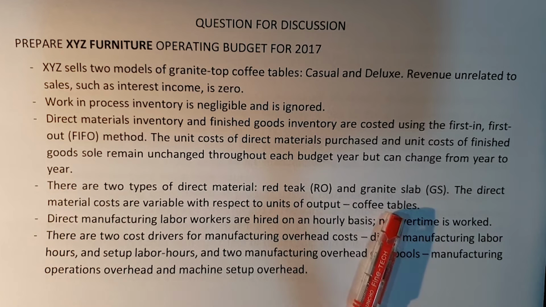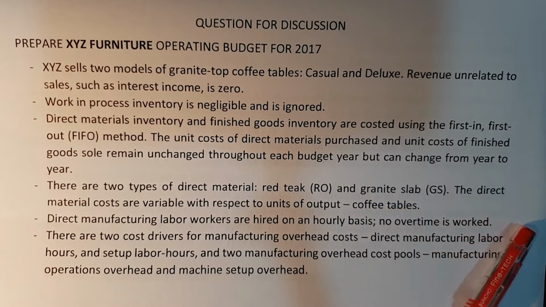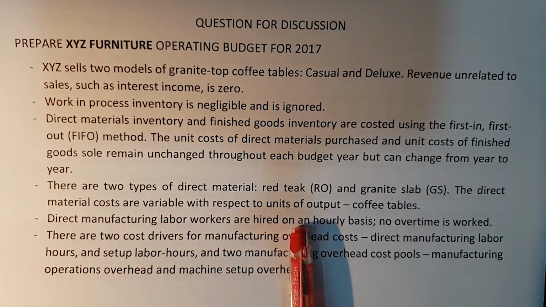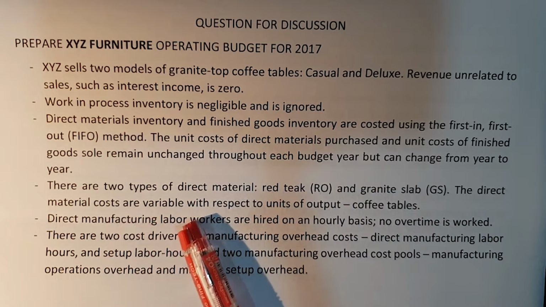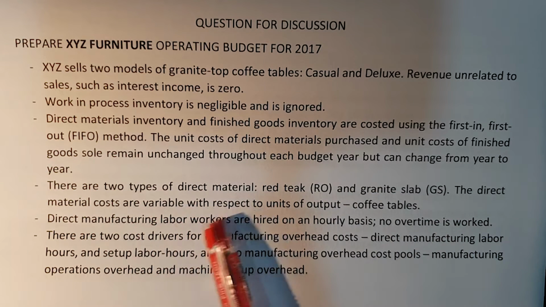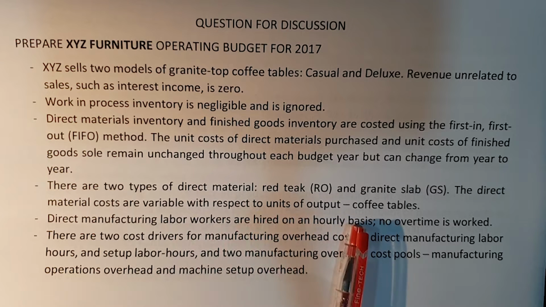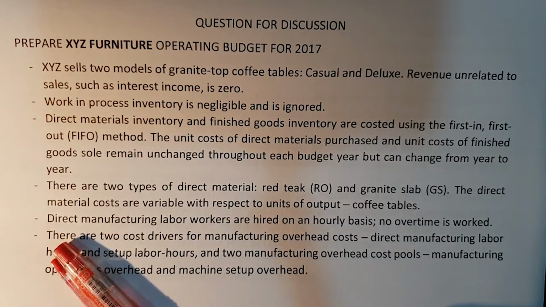Granite, as I said before, is normally used on top of the table. The direct material costs are variable with respect to units of output. Okay, so the direct material cost varies. It will change according to the number of output, that is the coffee tables that have been produced by the company.